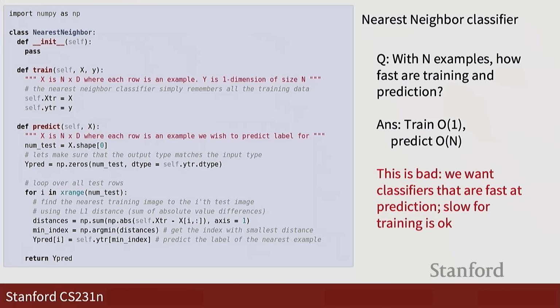So this is not really good, because training is not doing anything, but during prediction time, we are spending so much time just to do comparisons between the data point and each single one of the training examples.